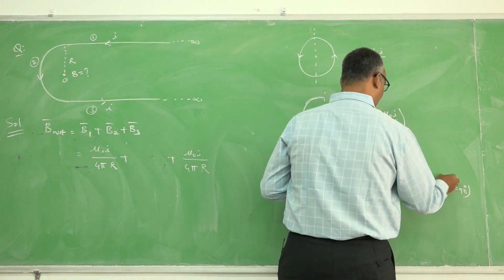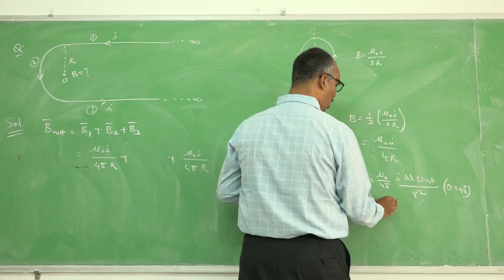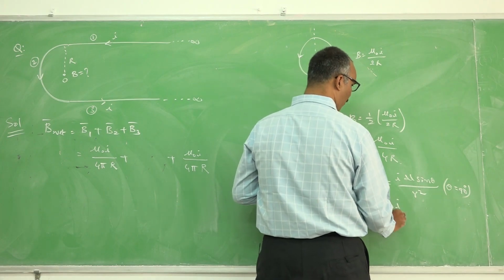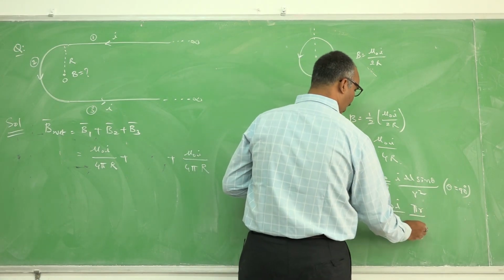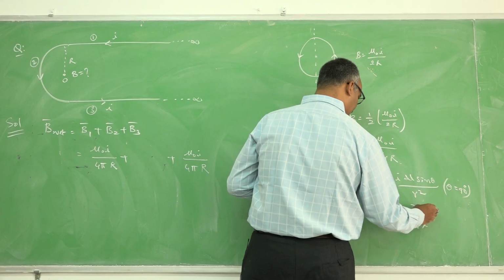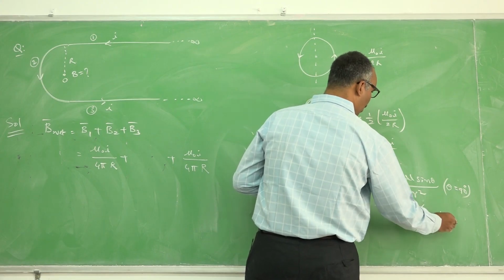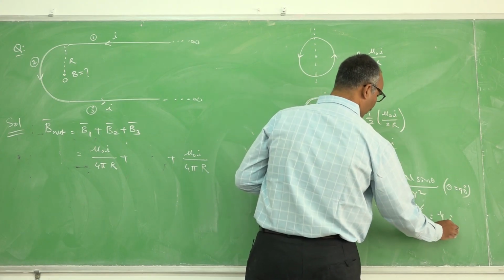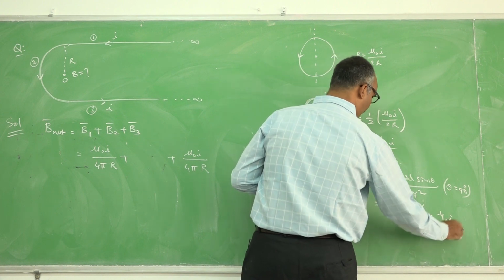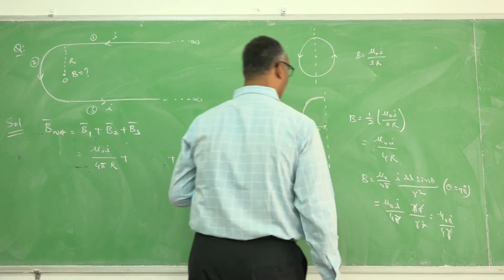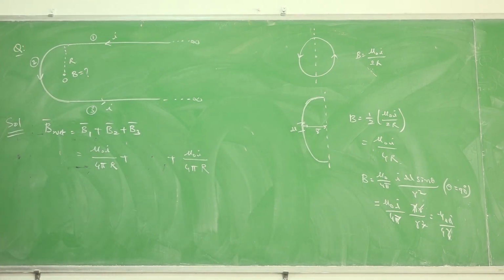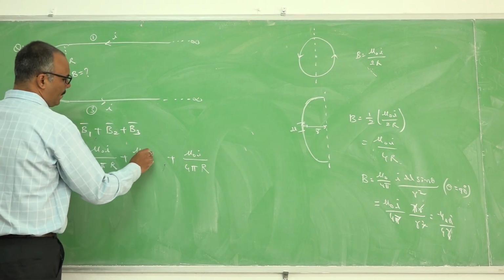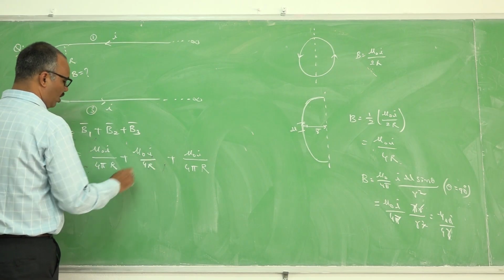Sin 90 is 1 here. So mu naught I by 4 pi, integral dl is nothing but pi r by r square. R and square get cancelled, pi gets cancelled, mu naught I by 4r. Here radius is small r, right? Here radius I took as capital R. So I should take mu naught I by 4r here.